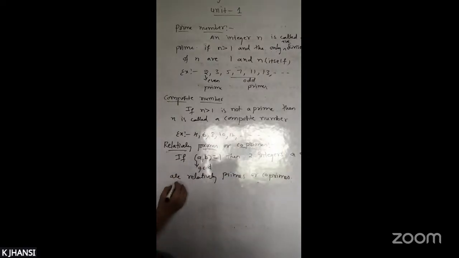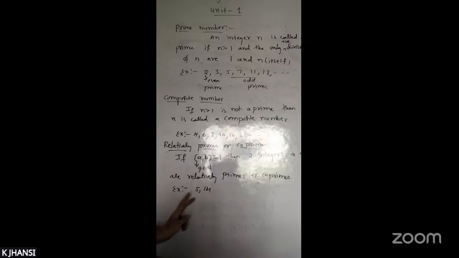You can take the example 5 and 14. If you find the GCD between these two numbers, you get only 1 as a common divisor. Other than 1, no other number divides both of them. So the greatest common divisor of these two numbers equals 1.